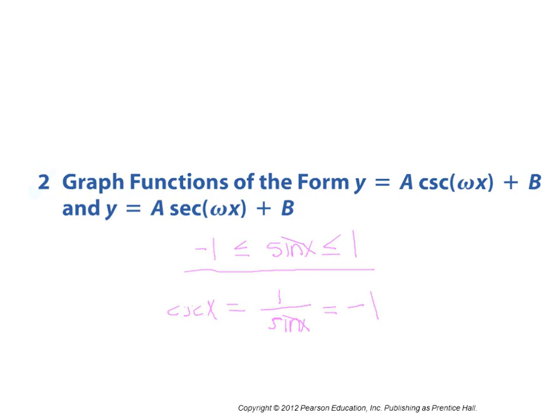Since minus 1 is my smallest, what about minus 1/2? That's between minus 1 and 1, right? So what if sine is minus 1/2? What's cosecant?